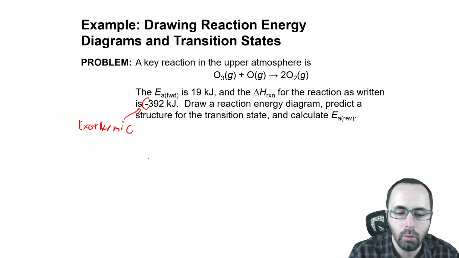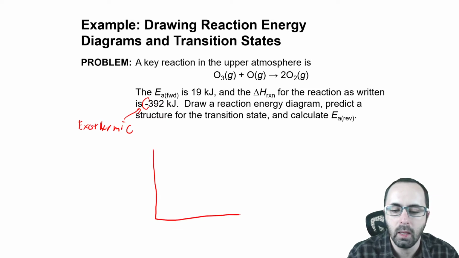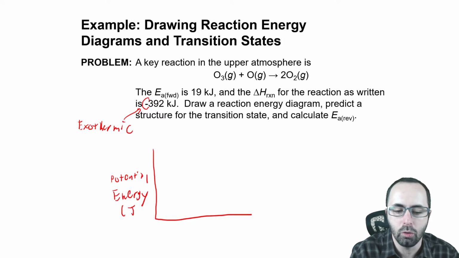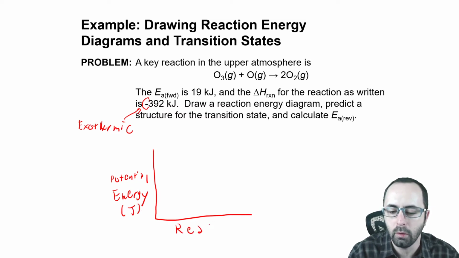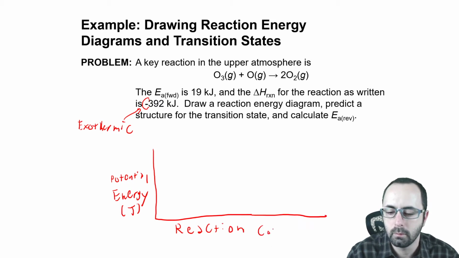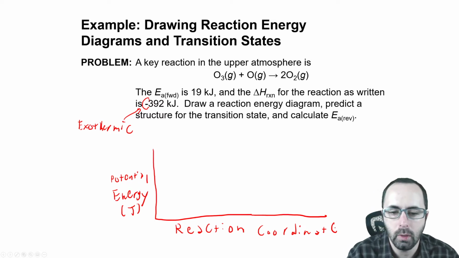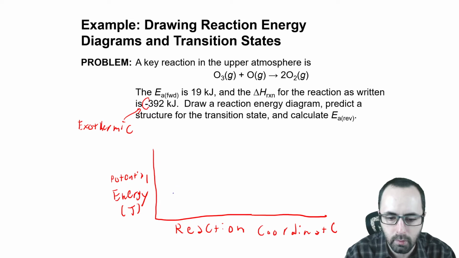So we would write our energy diagram, we'll make it here, and this is going to be the potential energy, which will be in joules. And then here we have what's known as a reaction progress or reaction coordinate. And then, so now we're going to put a line here for our reactant molecules.